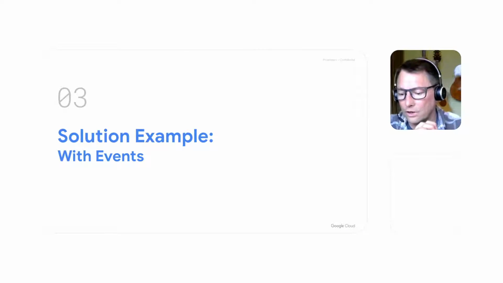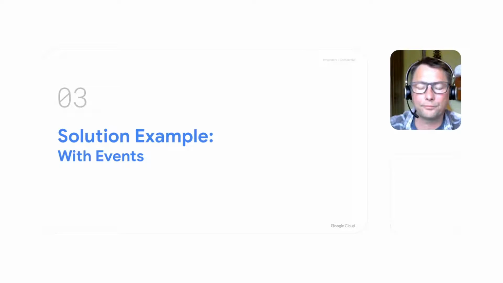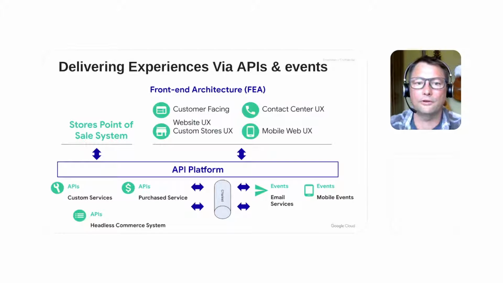Okay, now I want to jump into a solution example, but this time an example that has a whole other type of API paradigm that's kind of not new, but it's made a resurgence, and that's that of events. So we can imagine that we might have a retail organization with the front-end architecture, an API platform of some kind in the middle, mediating for services that lie beneath it.